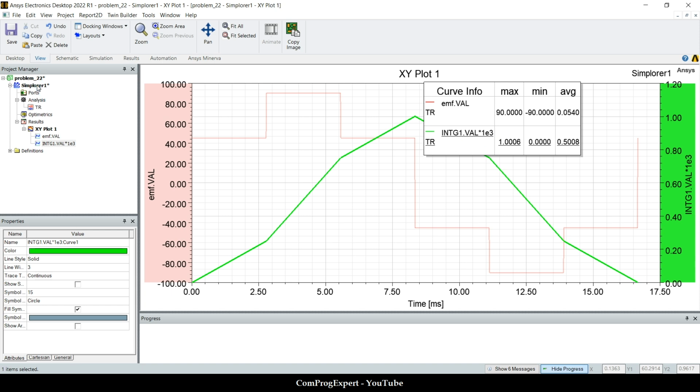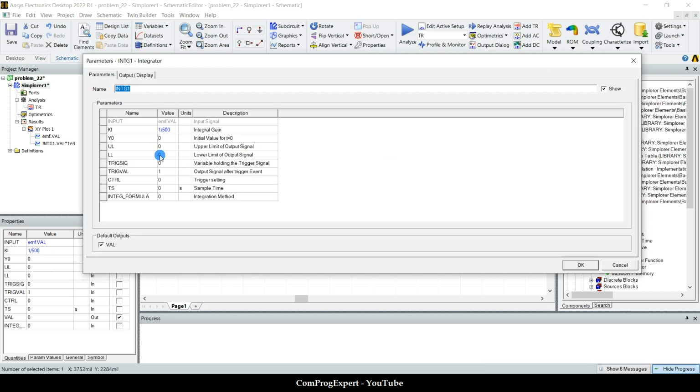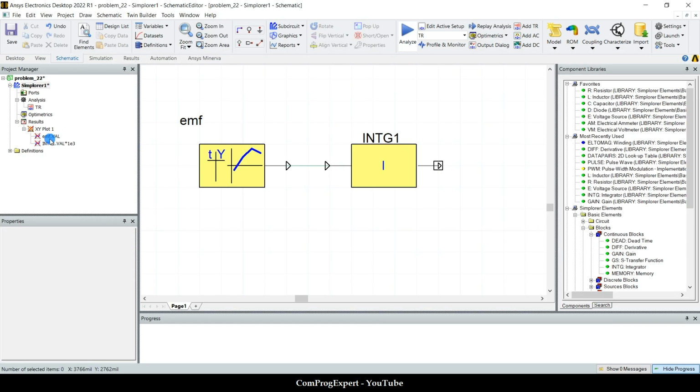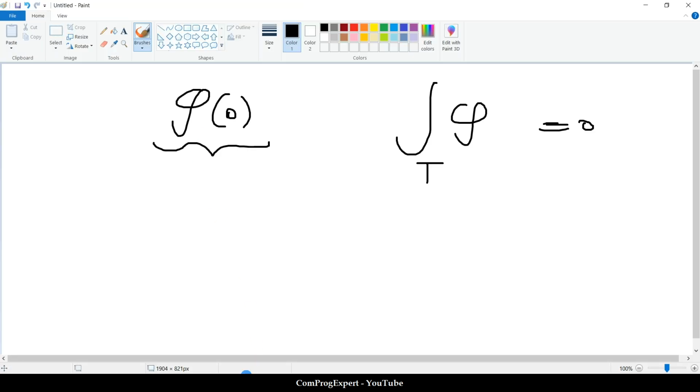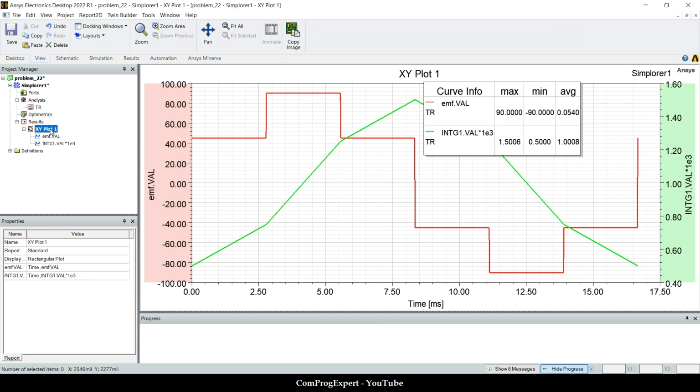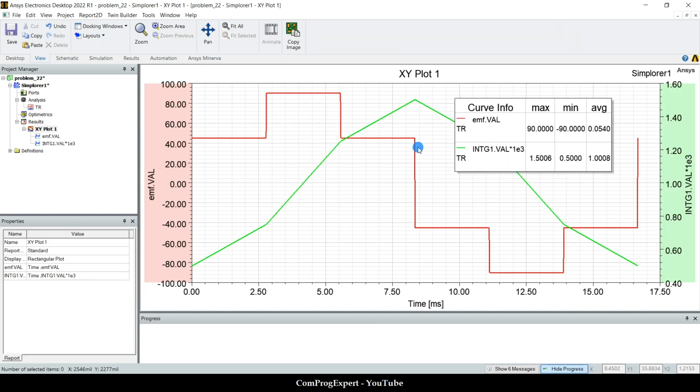So if I consider 0.5e-3, 0.5 milliweber here, and rerun the analysis, the integrator starts from phi 0 and starts the calculation. As you can see, we have this graph.